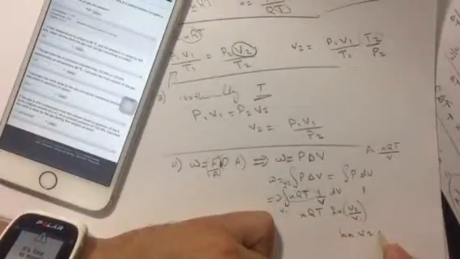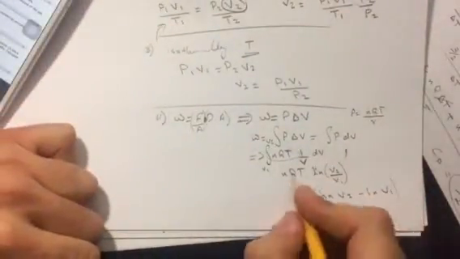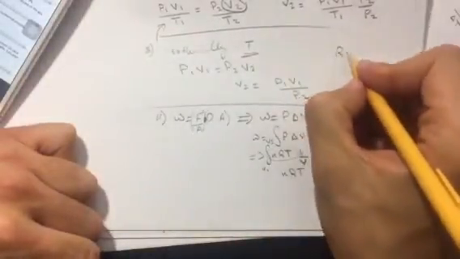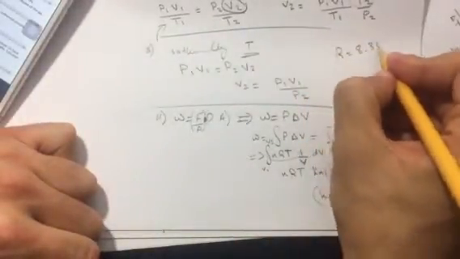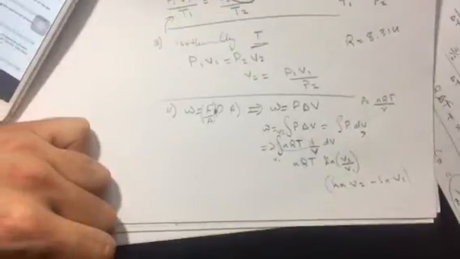This is the same as ln V2 minus ln V1. The R we use in the whole question is 8.314, just to be clear.